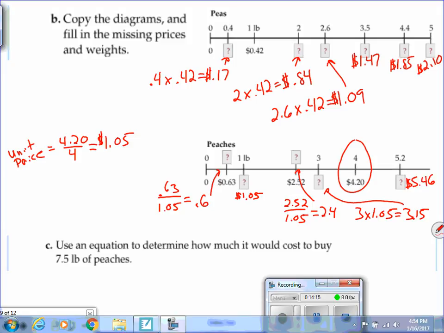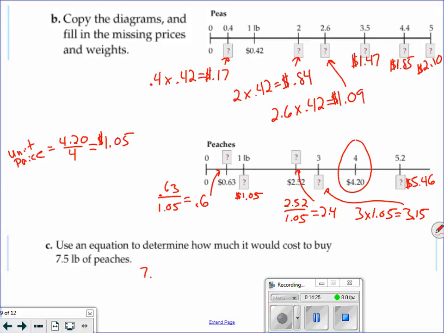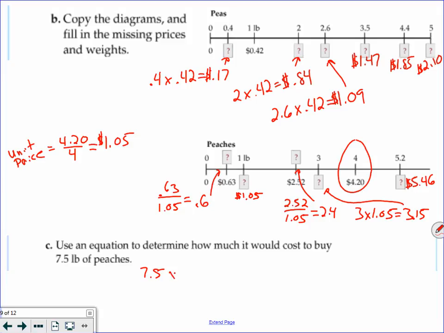All right, so for the last one there, you should have gotten $5.46. Moving on to C, using the equation to determine how much it would cost to buy 7.5 pounds of peaches. So we would have to take the 7.5 and multiply that by the 1.05, and you would get $7.88 for those 7.5 pounds of peaches.